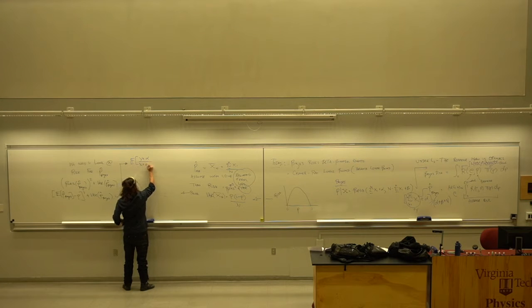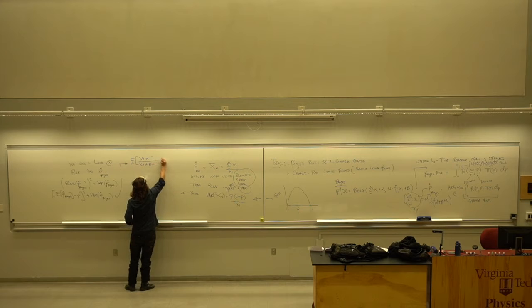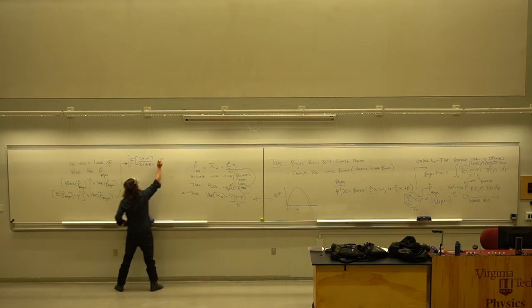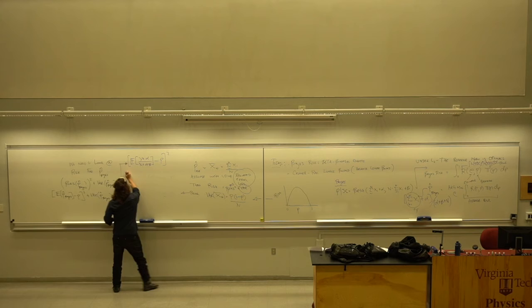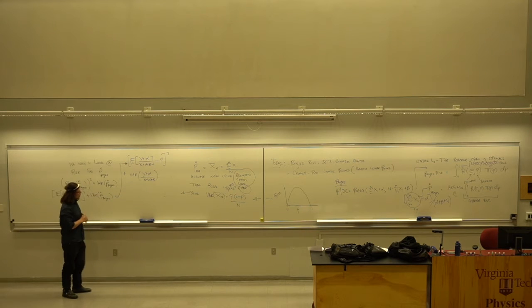So it's the expected value of y plus alpha over n plus alpha plus beta, minus p, squared, plus the variance of y plus alpha over n plus alpha plus beta. That's what we're looking for.